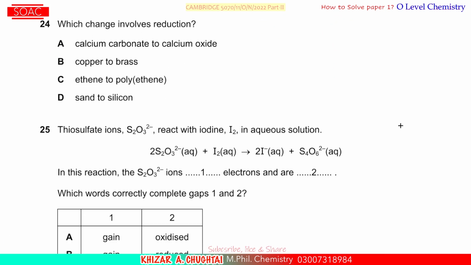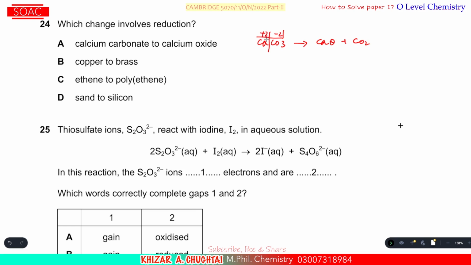Question number 24. Which change involves reduction? Once again, calcium carbonate to calcium oxide: CaCO3 goes to CaO plus CO2. In this case, the carbonate ion has a -2 oxidation state.